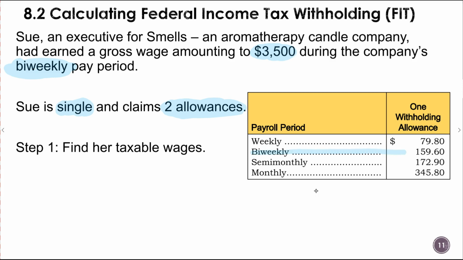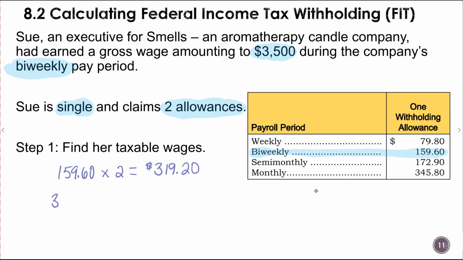So we're going to take this amount, $159.60, and multiply it by 2, because that's how many allowances she is claiming. So $159.60 times 2. And then we're going to take that amount, which is $319.20, and subtract it from her gross pay.